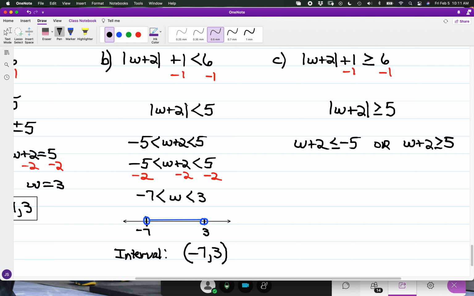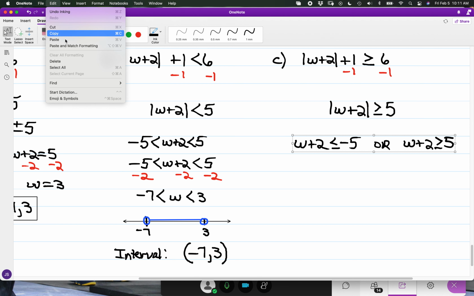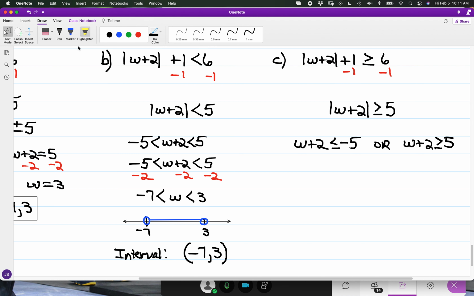And just taking what we have here, from both of the inequalities, we have deducting 2 from both sides.